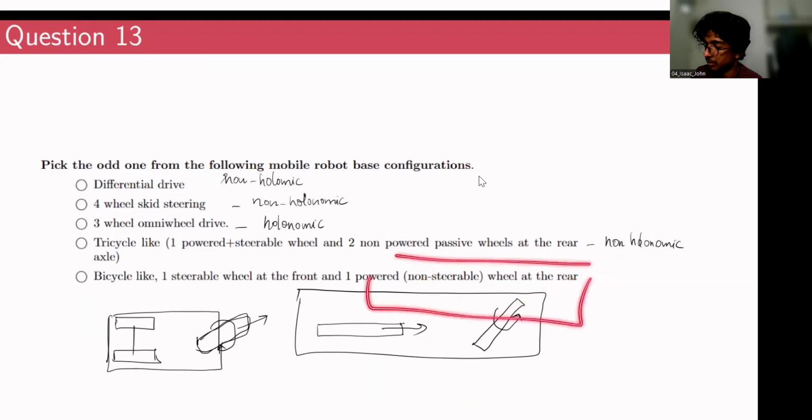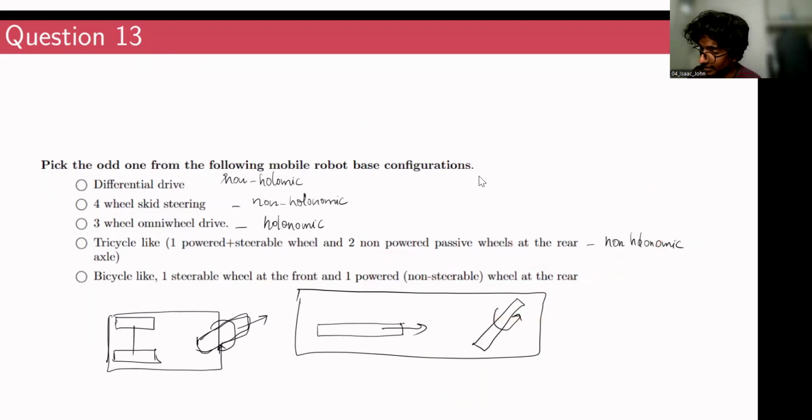It cannot keep its orientation and move diagonally. So a bicycle-like configuration is also non-holonomic. So in that regard, the odd one out is the 3-wheel omni-wheel drive, because everything else is non-holonomic. The 3-wheel omni drive is the only holonomic one. So option 3 or option C is indeed the correct answer.